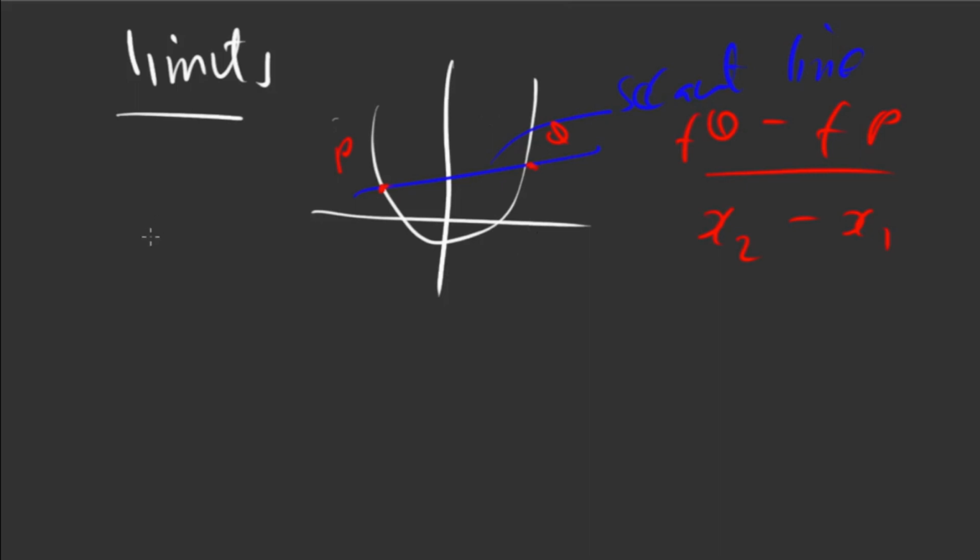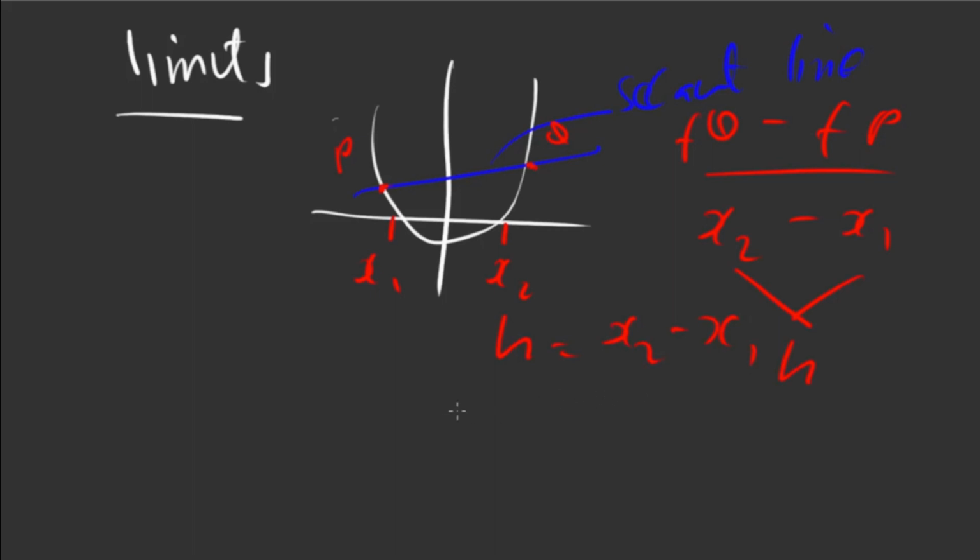And also we said if you change the distance, let's say the difference of x2 minus x1, we represent it by h, where h is equal to x2 minus x1.